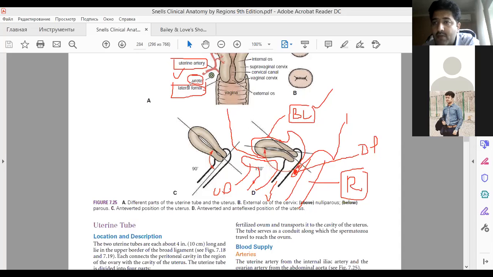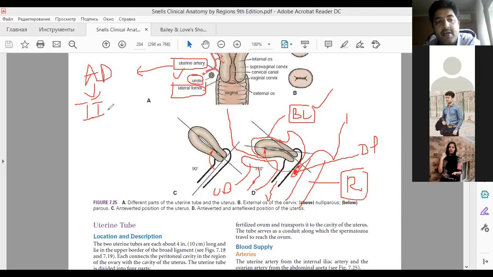Uterine artery. It is a branch of the anterior division of which artery? Internal iliac artery. Very good. The anterior division branch of the internal iliac artery gives the uterine artery, which gives blood supply to the uterus. And under the uterine artery, not under the uterus, the ureter is present.